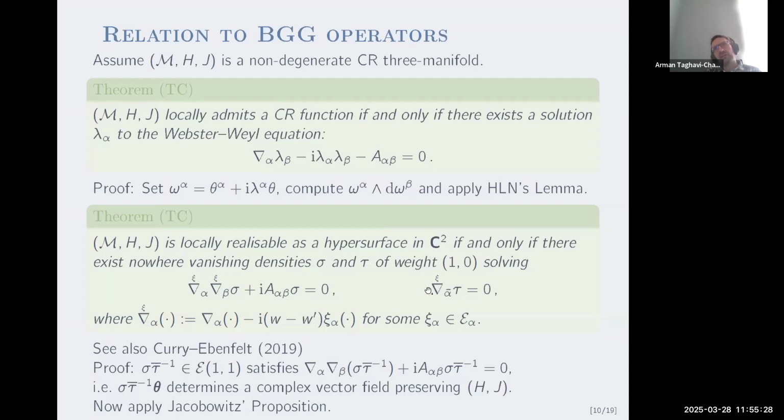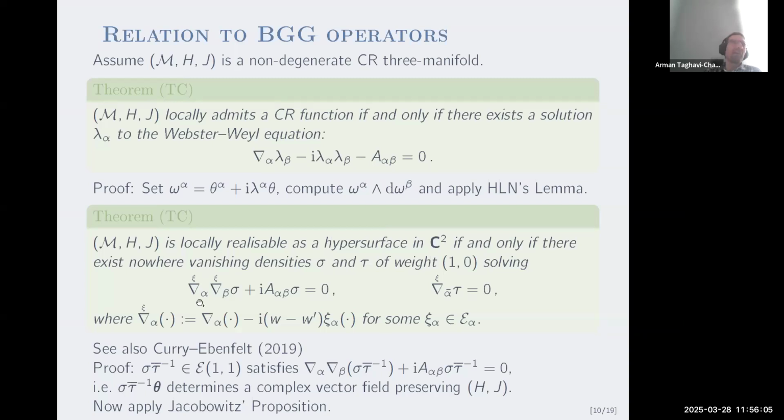Similarly here. In fact, these equations without the gauging were discussed in work by Curry and Ebenfelt in the context of obstruction flat CR manifolds in dimension 3. This is quite technical work; their paper was published in the Annals of Mathematics, I think.